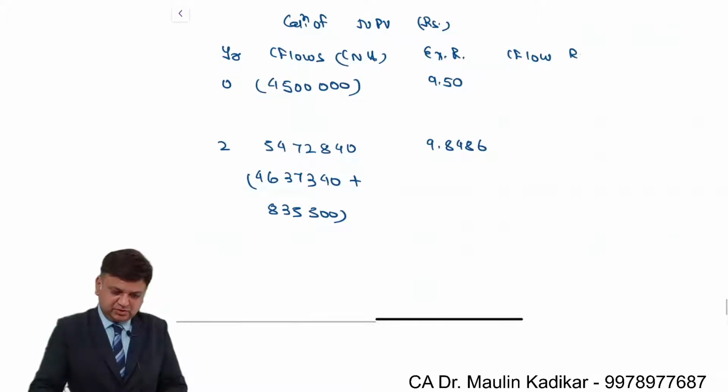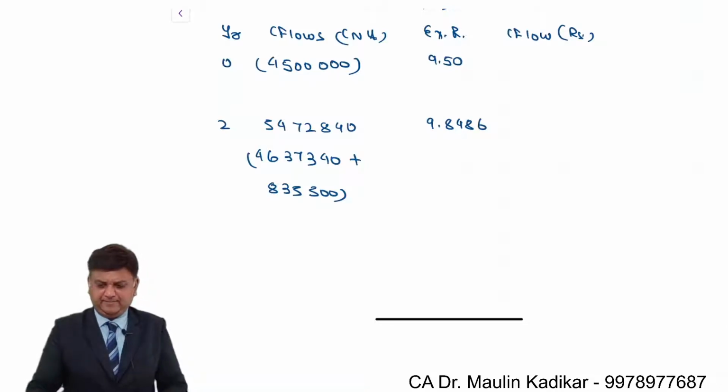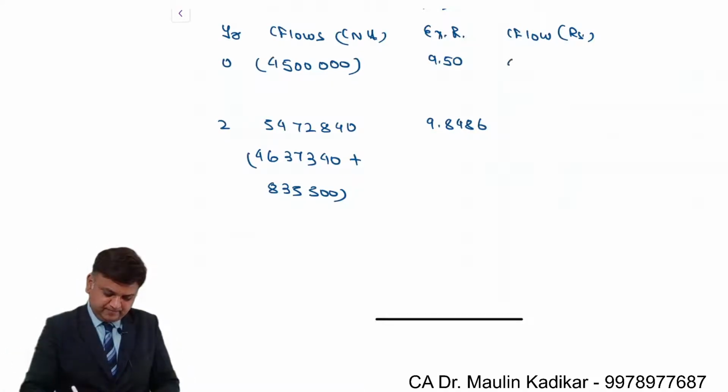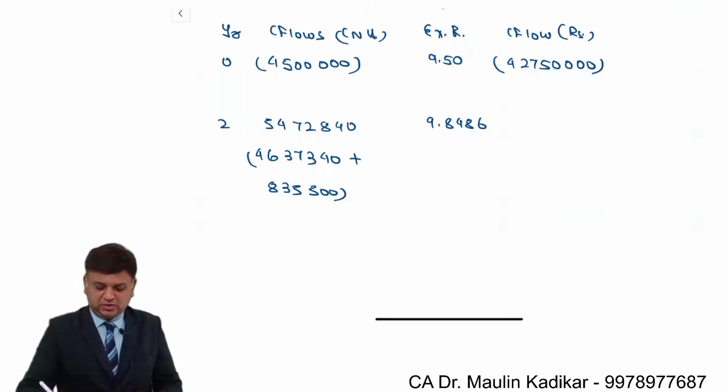Now the cash flows in rupees term: 45 lakhs into 9.5, so 4 crore 27 lakh 50,000. Then 54 lakh 72,840 into 9.8486, so 5 crore 38 lakhs 99,812.